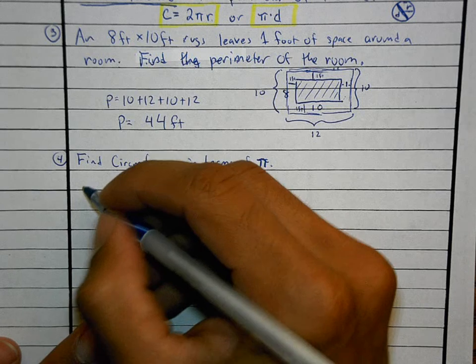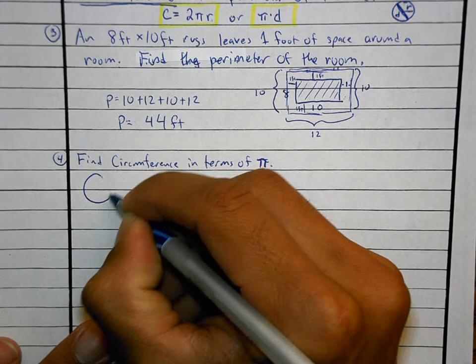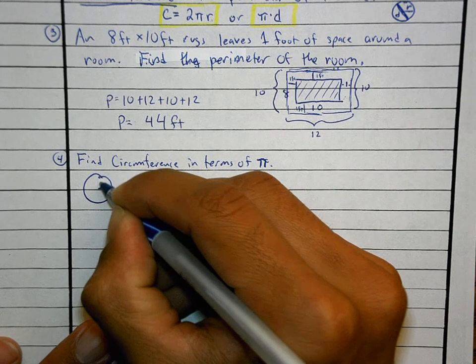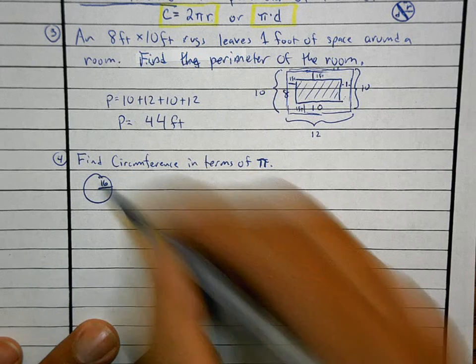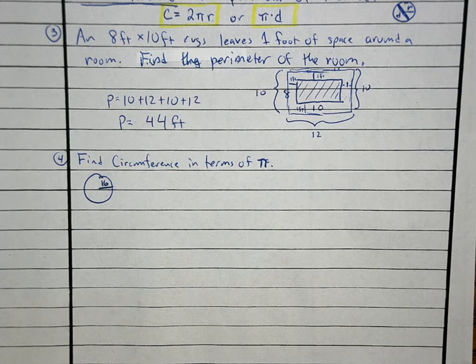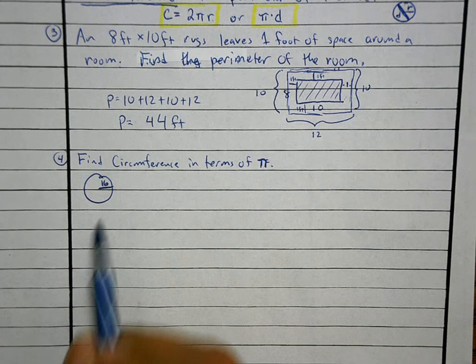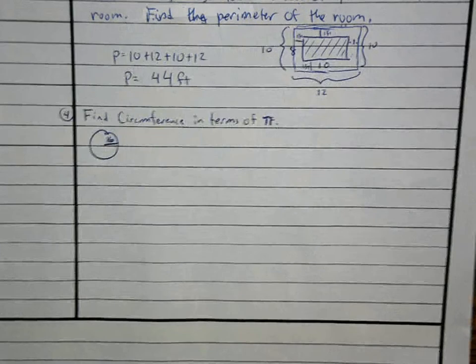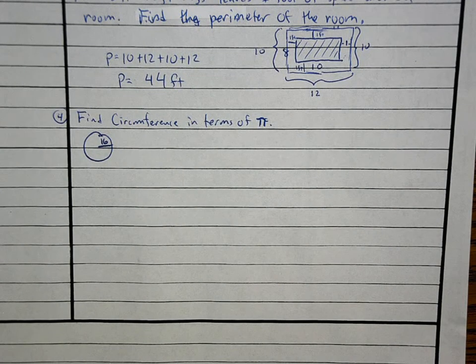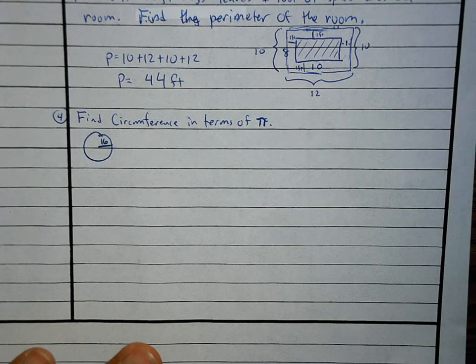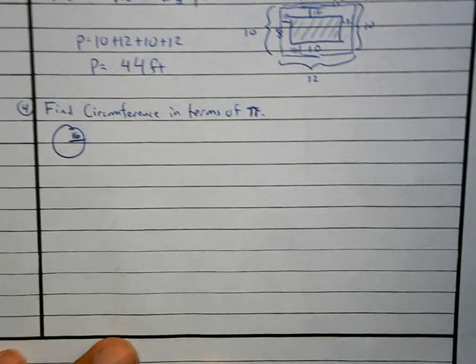Number 4 says, find the circumference in terms of pi. And then it has a circle, and then it has a 16 from the middle to the outside. Let me zoom in just a little bit more.